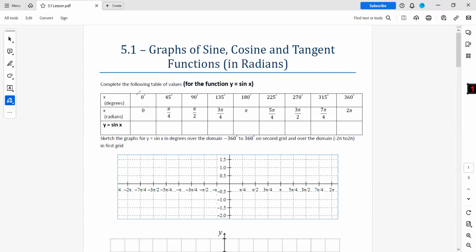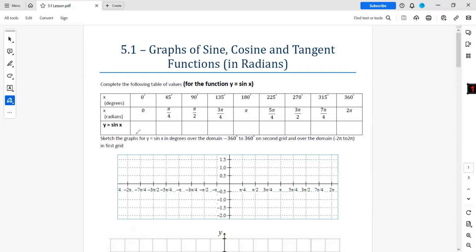So first of all, here are all the x values in degrees, as well as all the x-axis in radians, with the step of pi over 4, or 45 degrees. Remember, pi over 4 is 45 degrees. You can also see it in the table.